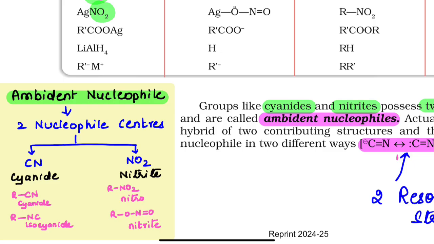In cyanide you can see carbon can attack the alkyl group, and nitrogen can also attack the alkyl group. So there are two nucleophilic centers. Same way in nitrite also, nitrogen can attack the alkyl group or oxygen can attack the alkyl group. Therefore here two nucleophilic centers are present.